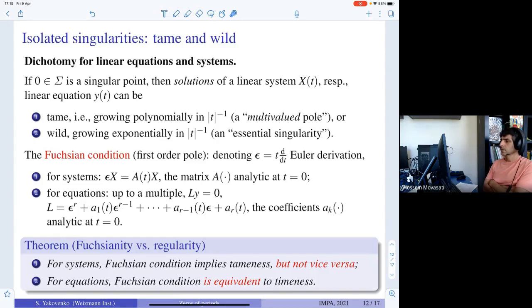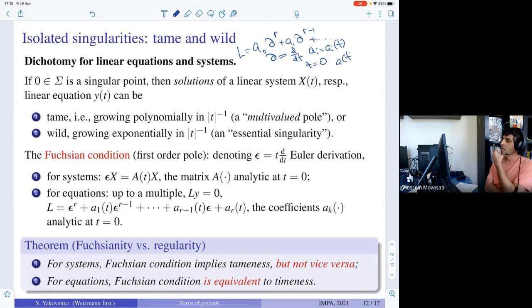Instead of writing the differential operator in powers of d like this, a0 d^r plus a1 d^(r-1) and so on, I write a differential operator in the Euler form, where d is d over dt, and the a_i are variable coefficients a_i(t). And t equal to 0 is my singularity, and the a(t) are all holomorphic at t equal to 0.